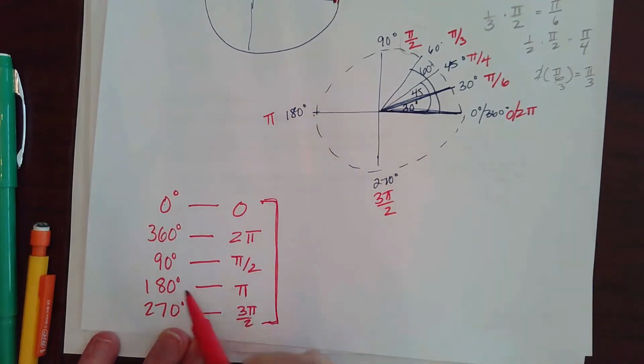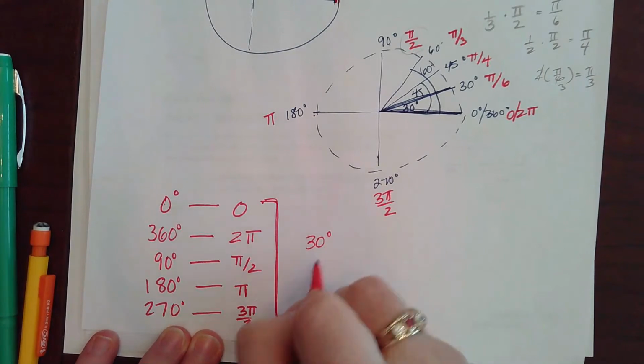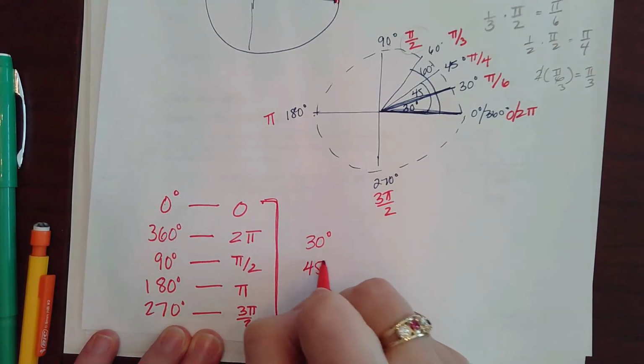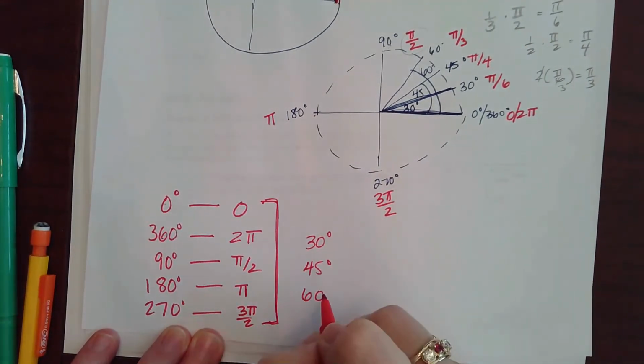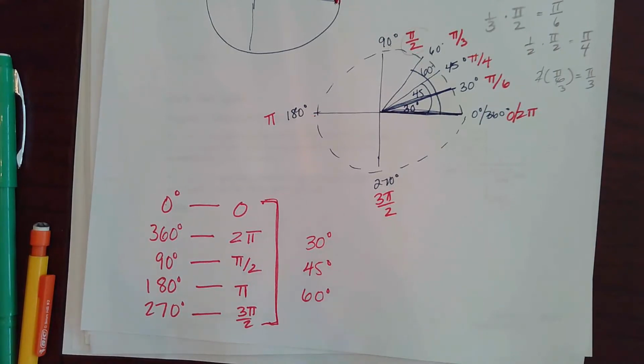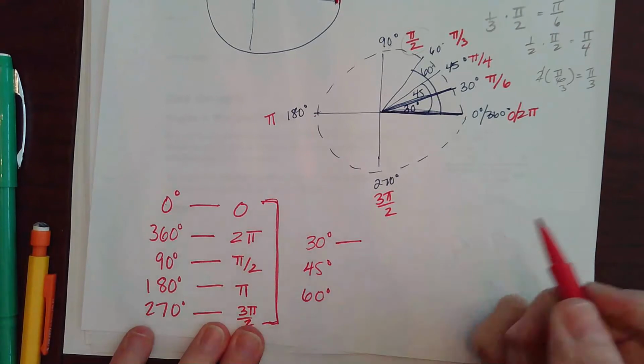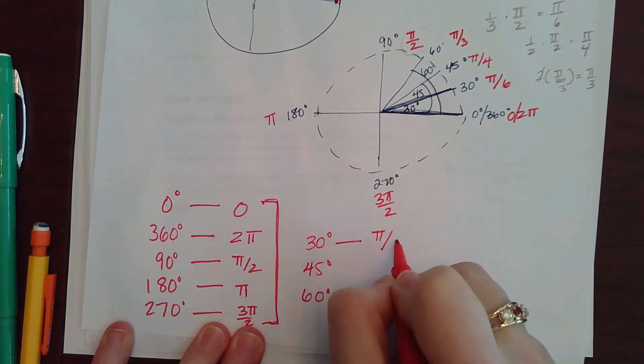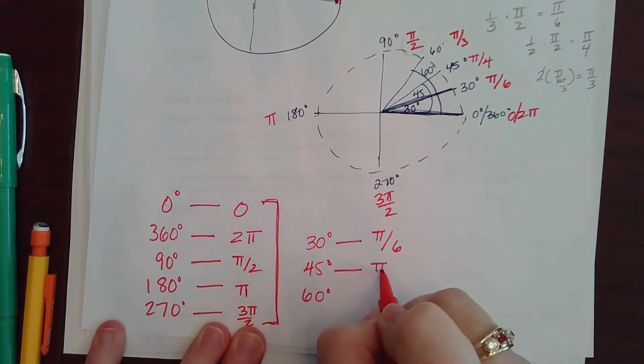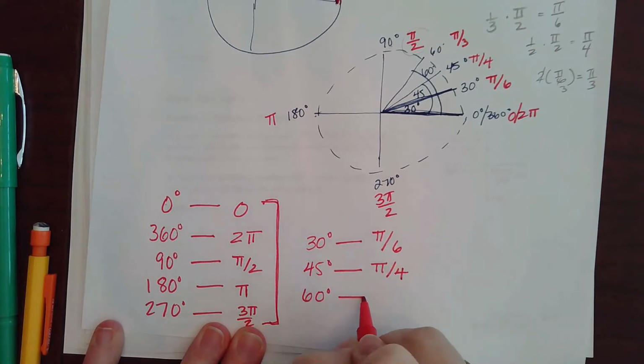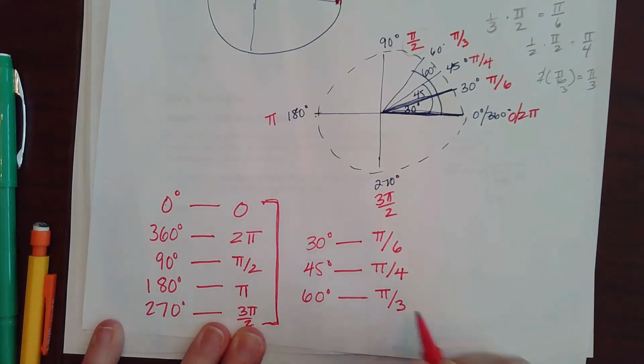Now the ones I want us to add to that are the 30 degrees, the 45 degrees, and the 60 degrees. I want us to be able to generate or know what these measurements are in radians. So 30 degrees is pi over 6, 45 degrees is pi over 4, and 60 degrees is pi over 3.